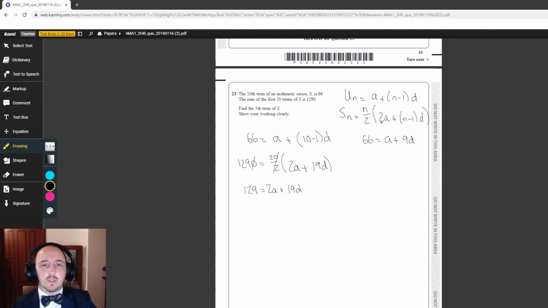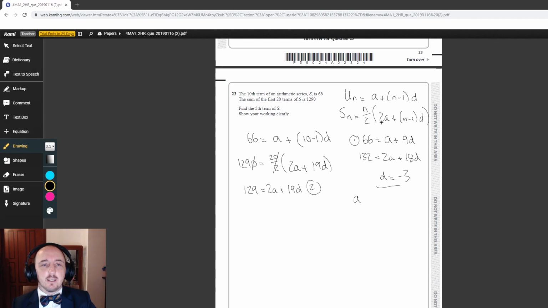I can double the first equation to get 132 equals 2a plus 18d. And I can subtract those two equations from each other. When I subtract, 129 minus 132 is minus 3. 2a minus 2a and 19d minus 18d gives you d equals minus 3.